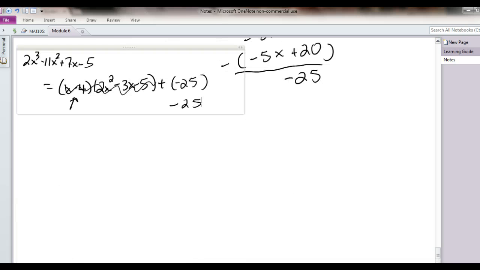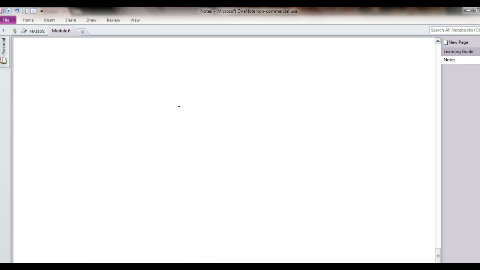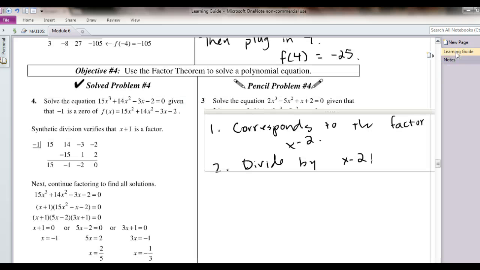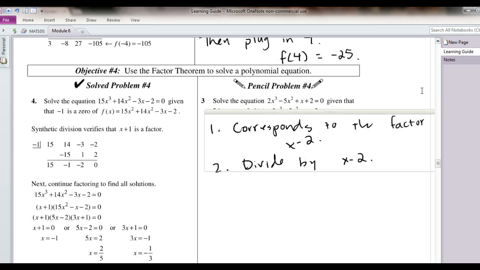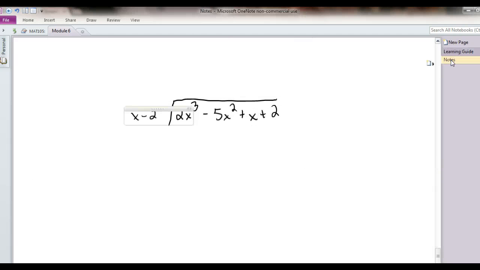So another division problem. 2x cubed minus 5x squared, and I can't remember for the life of me, plus x plus 2. And we want to divide that by, I think, x minus 2. Right? Just double check that. I think they said 2 is a 0, so x minus 2 would be the factor. Yeah, just like we said.